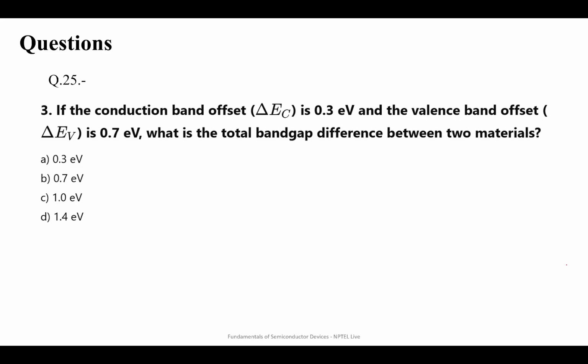If the conduction band offset delta EC is 0.3 electron volts and the valence band offset delta EV is 0.7 electron volts, what is the total band gap difference between the two materials? 0.3 electron volts, 0.7 electron volts, 1 electron volt, 1.4 electron volts.